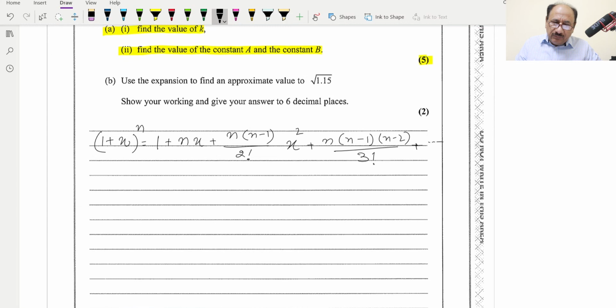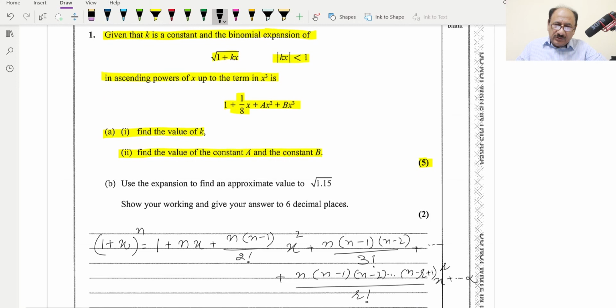The rth term is n into n minus 1 into n minus 2, and so on up to n minus r plus 1, over r factorial, x raised to the power r, and this will continue up to infinity. This is the binomial expansion which we have written.